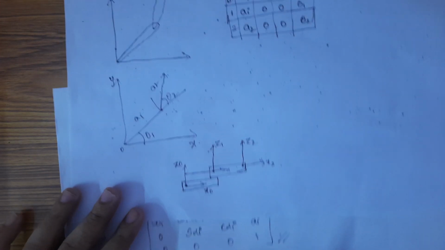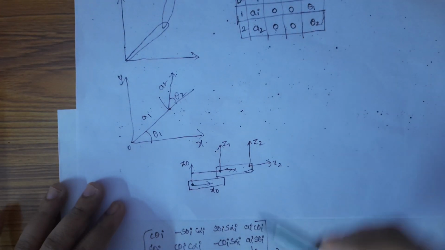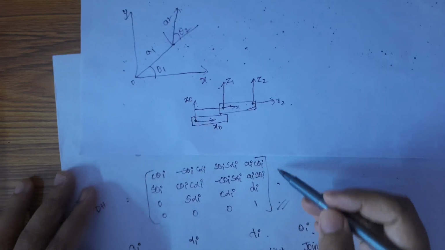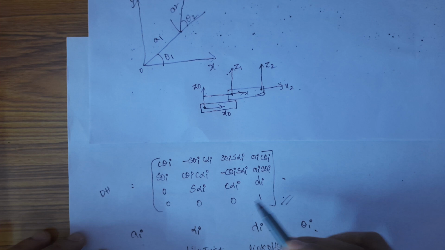keeping whatever we have got in the DH table into the general basic transformation formula.